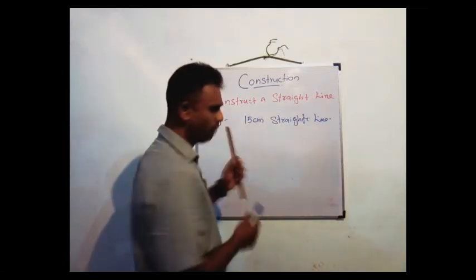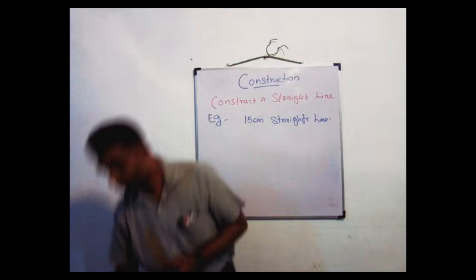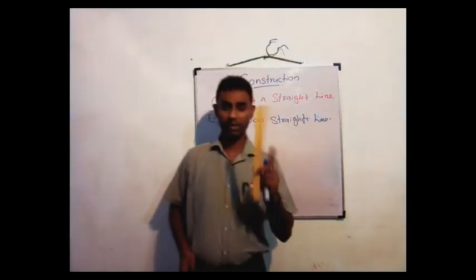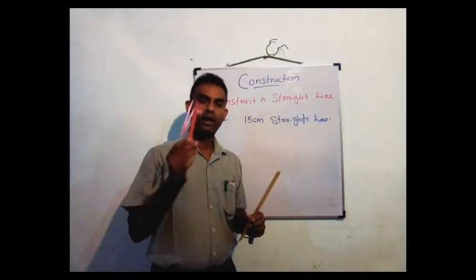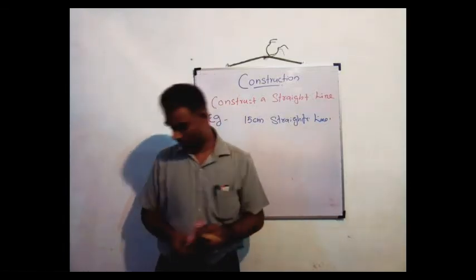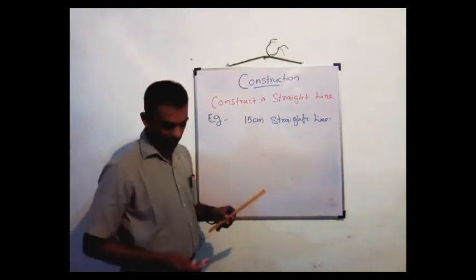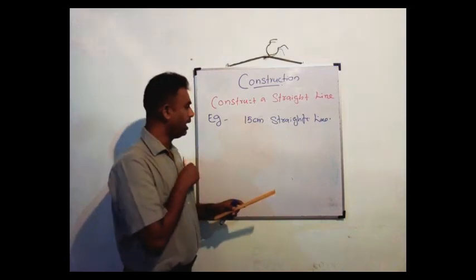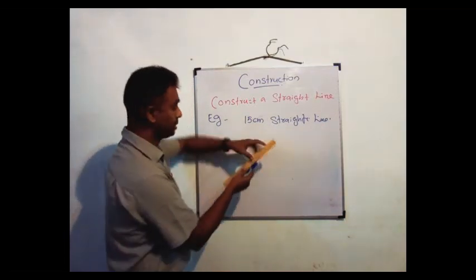Firstly, for this construction we need equipment. First one is a ruler, and the other one is a compass. By using the compass and ruler, I will explain how you draw a straight line with a specific distance.